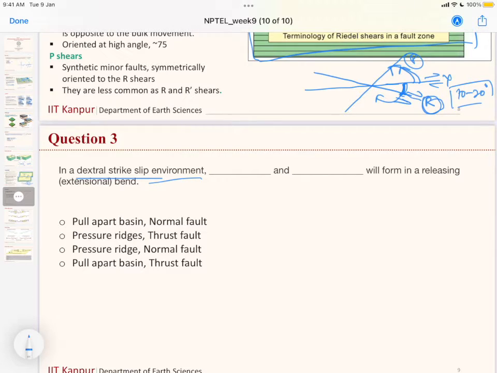What kind of landform or features form in this environment? The options are pull apart basin and normal fault, pressure ridges, thrust fault, pressure ridges, normal fault, and pull apart basin, thrust fault. I hope this fault terminology is clear to everyone, but the pull apart basin and the pressure ridges we haven't discussed in this session so far, so we will first understand this.